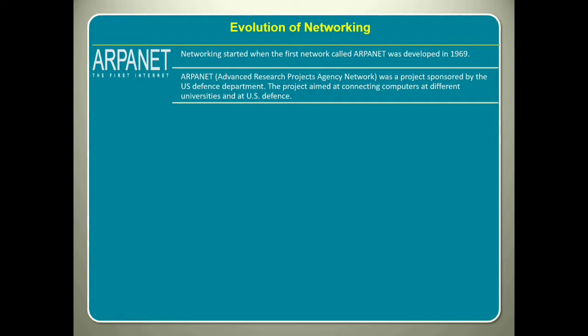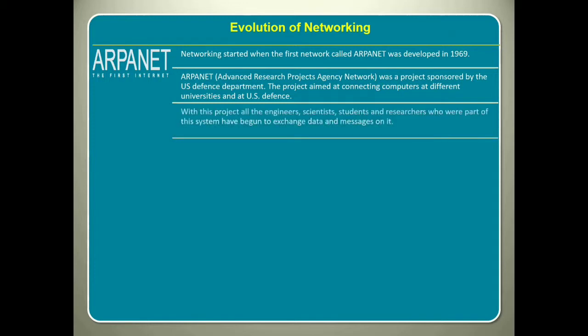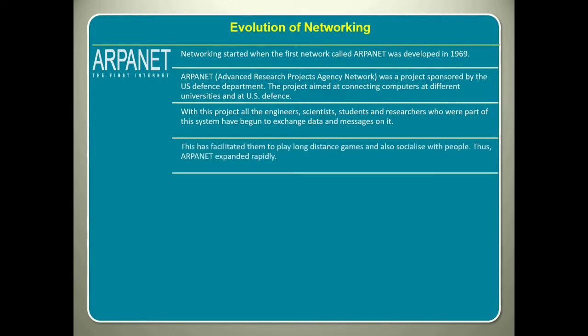The project aimed at connecting computers at different universities and at U.S. defense. With this project, all the engineers, scientists, students, and researchers who were part of this system began to exchange data and messages on it. Further, this facilitated them to play long-distance games and also socialize with people.